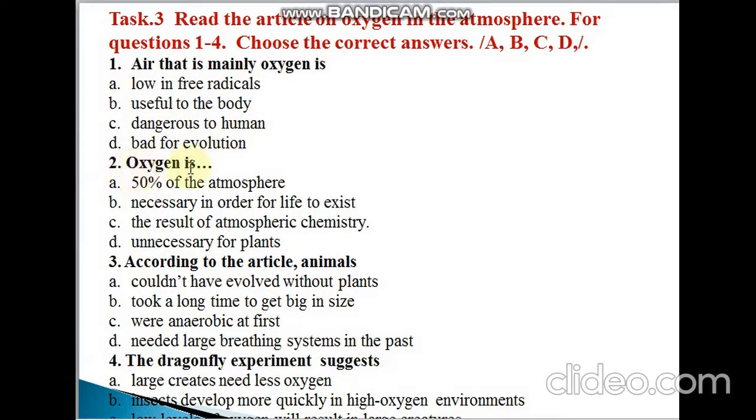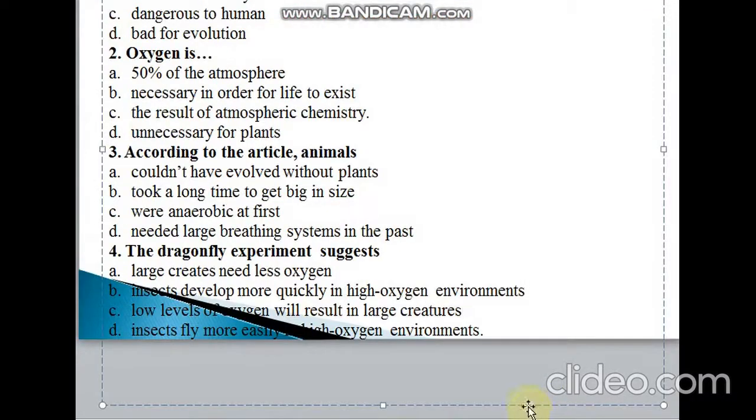Second question is, oxygen is, you will choose the correct answer. Third, according to the article, animals. Next is the dragonfly experiment suggests. You will find the elements.